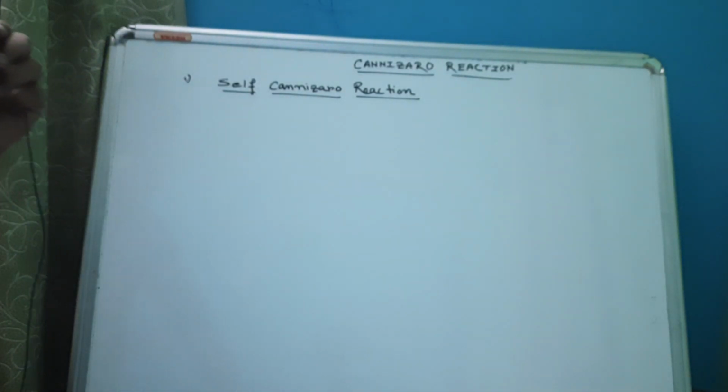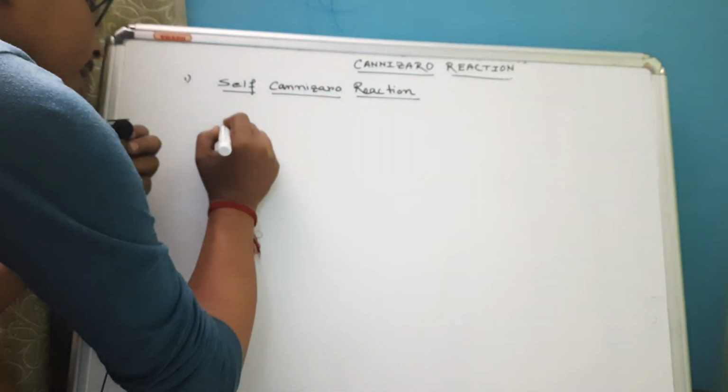So what is the self Cannizzaro reaction? When the two aldehyde molecules are of the same type, this is called the self Cannizzaro reaction, and it is noteworthy that the aldehyde molecules shouldn't have any alpha hydrogen atom.